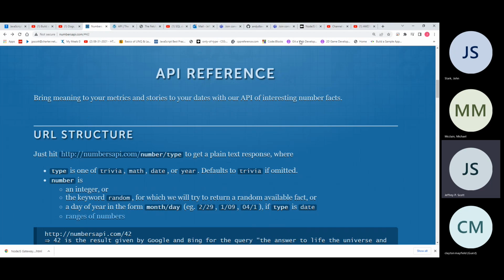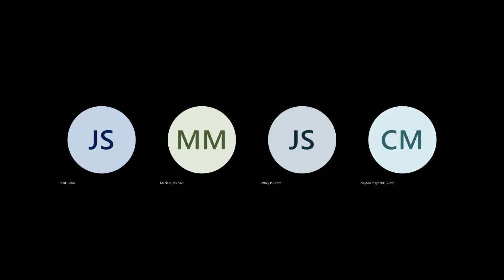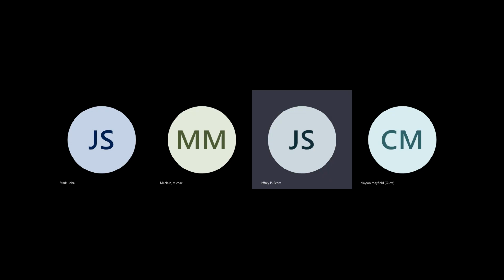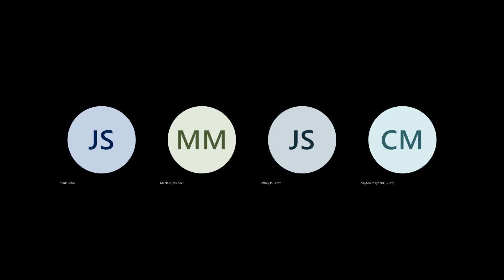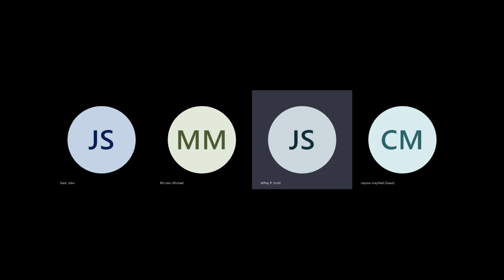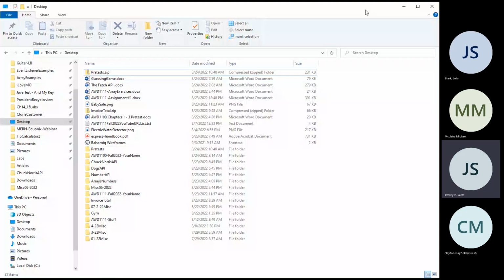I'm going to change my share to my desktop as soon as I can find it in my mess. There it is. Okay, so you should be able to see my desktop.